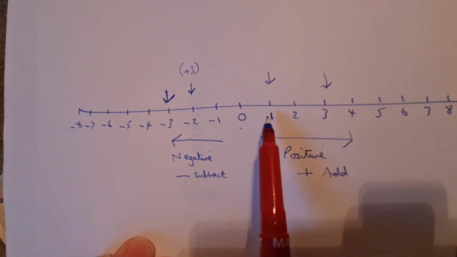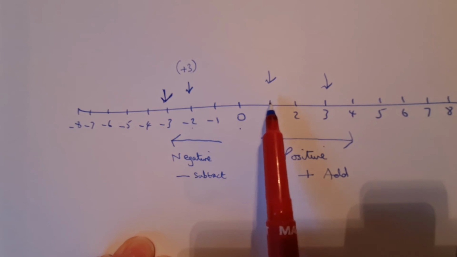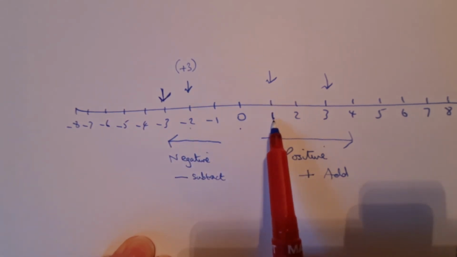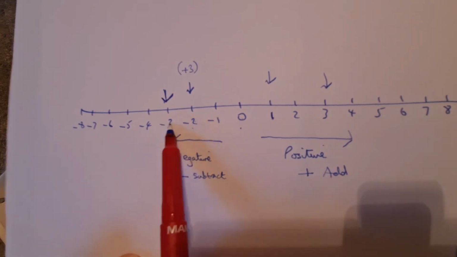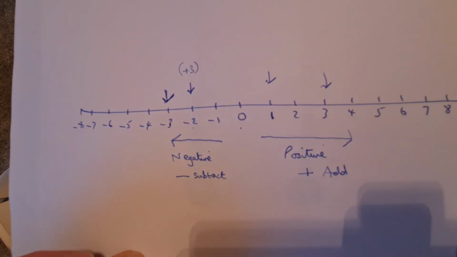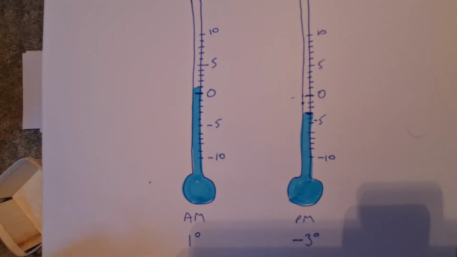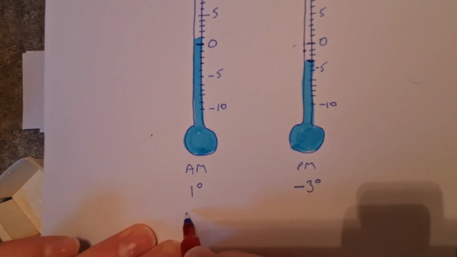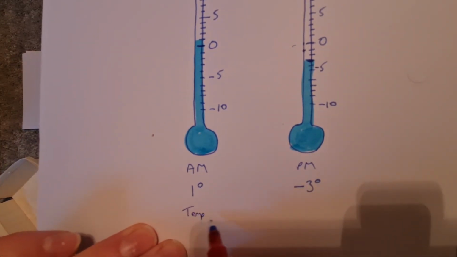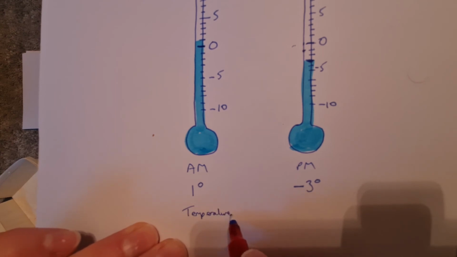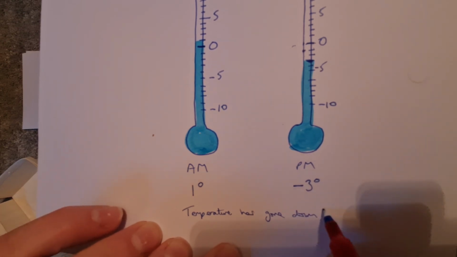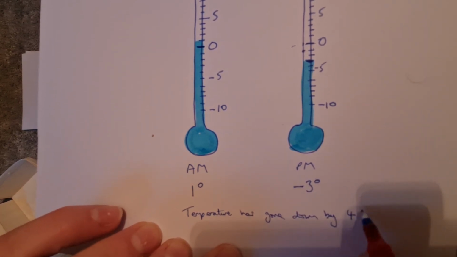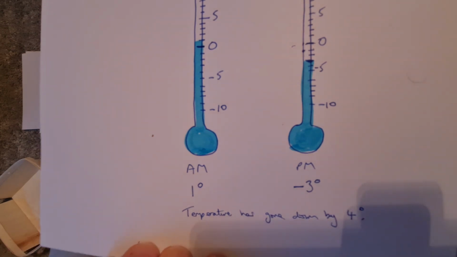Well, I count from 1 and the temperature's gone down. So it goes down. Don't forget to count that 0. 1, 2, 3, 4. So on here, the temperature has gone down by 4 degrees.